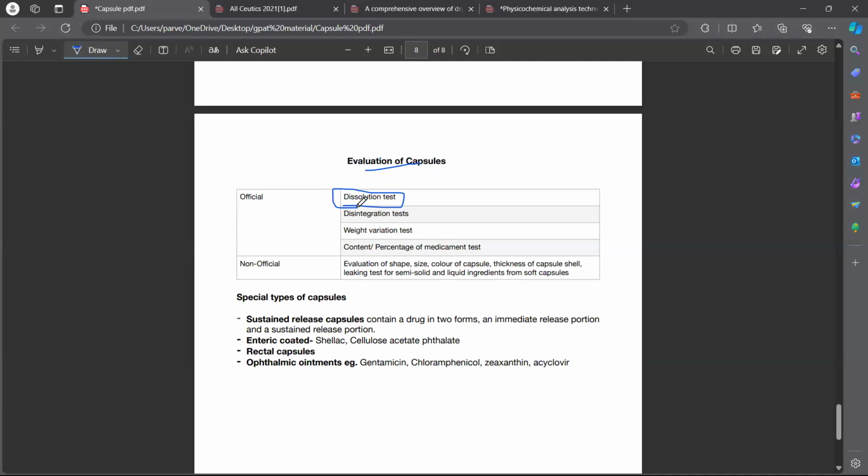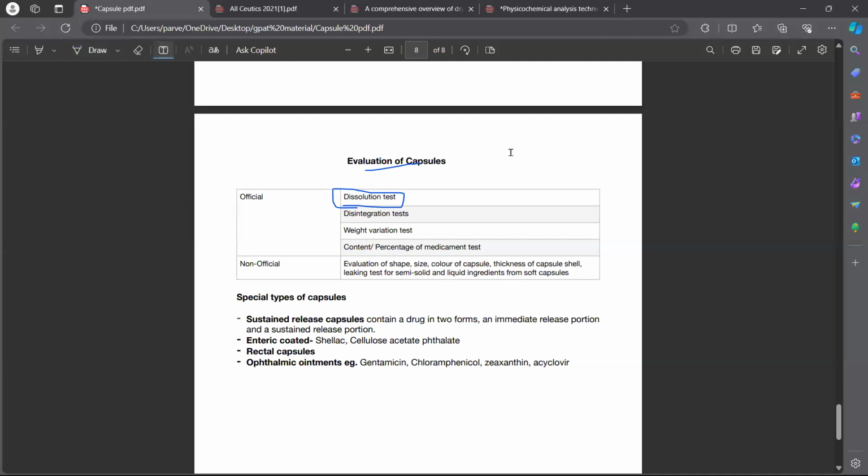Type 2. Generally type 2 of IP and type 1 of USP, which is the basket apparatus, is used for the capsule dissolution.